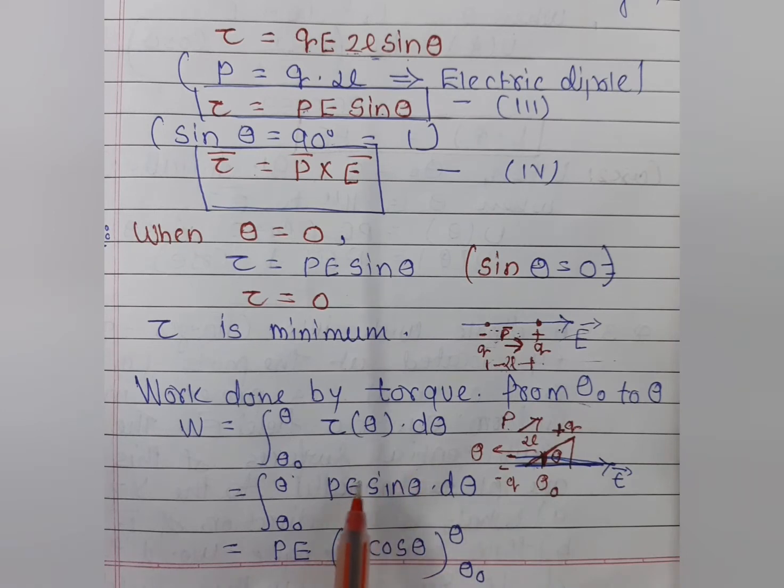And students, you know it very well, the integration of sin theta is minus cos theta. The dipole moment and electric field intensity are constant, and only the angle changes. So we use the integration of sin theta, which is minus cos theta, and after integrating we use brackets with limits theta naught to theta.